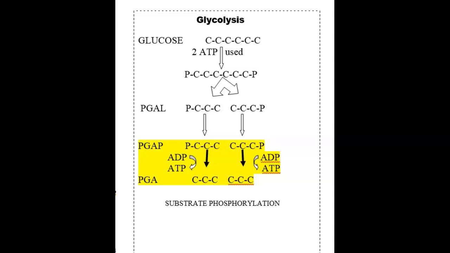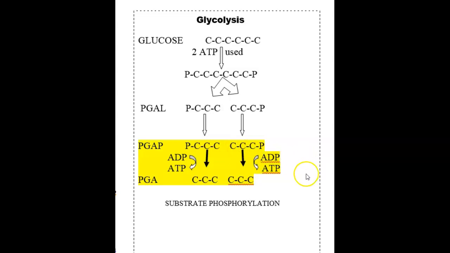illustrates substrate phosphorylation. So we have a molecule that has 3 carbons, another molecule that has 3 carbons, and they each have a phosphate. ADP, which has 2 phosphates, follow the arrow around, becomes ATP with 3 phosphates. Same thing on the other side. So here we have molecules, 3 carbons with a phosphate.